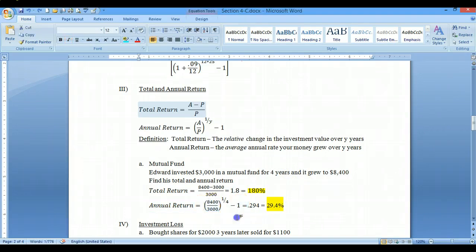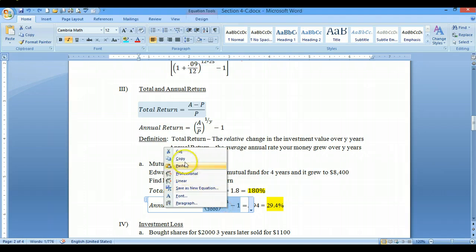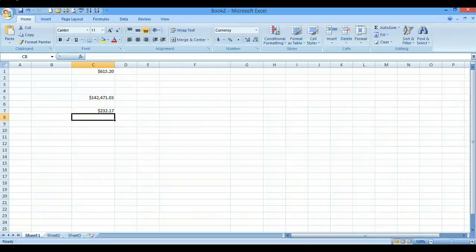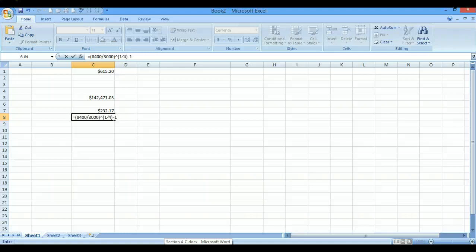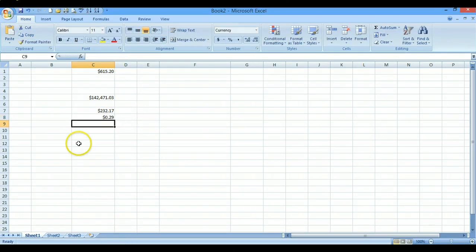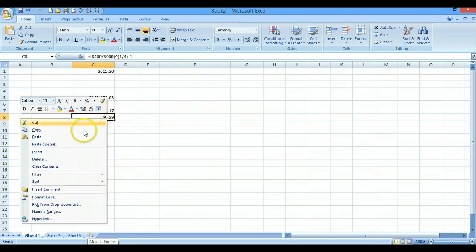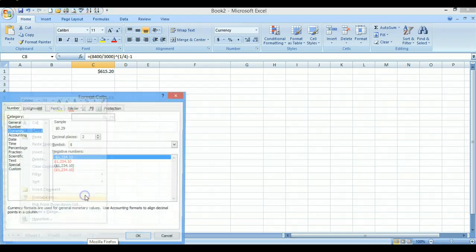I can just highlight this, copy and paste, go into Excel, make it work like a calculator by putting an equal sign, paste, Control V. Oh, something's not right. Oh, it's not seeing that as a divide sign, so let's put it in again. There we go. I know this was formatted to look like currency.